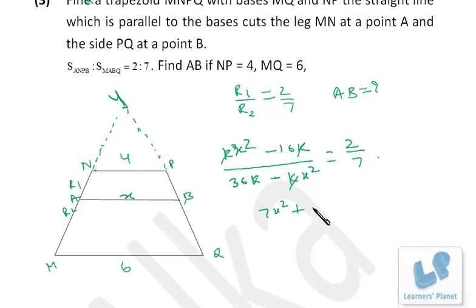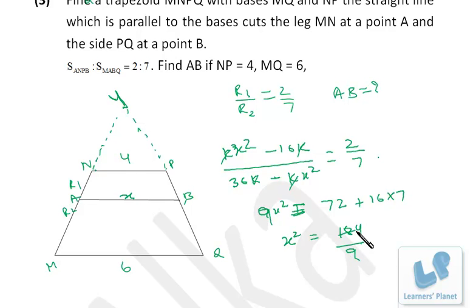and minus 2x square, so 9x square is equal to 36 into 2, 72, plus 16 into 7, right? So x square is equal to 72 plus 16 into 7, so that's 112 plus 72, 184 by 9, right?